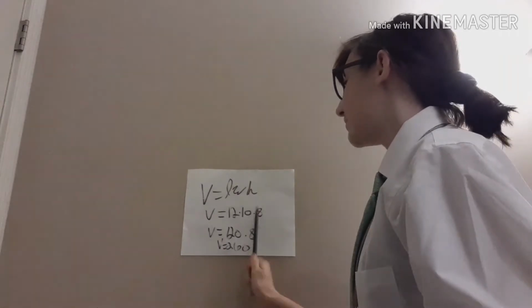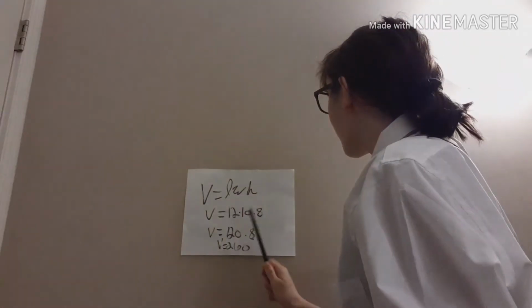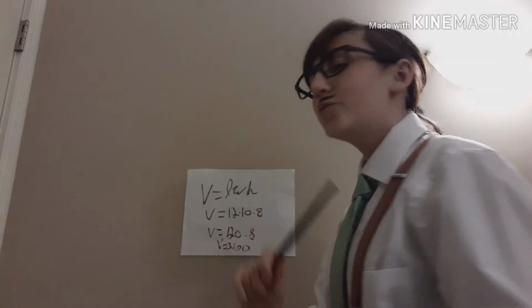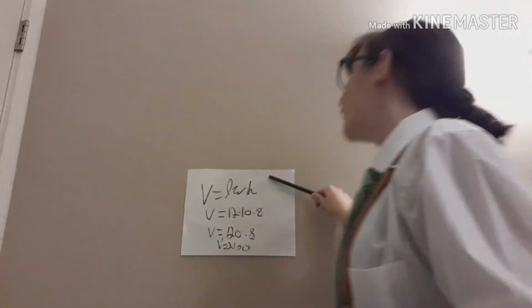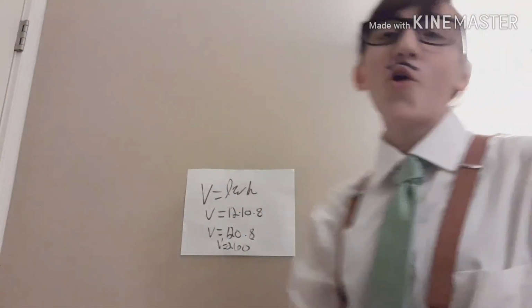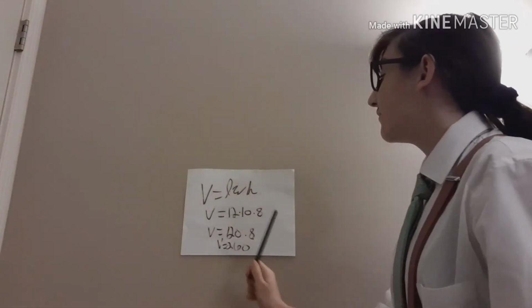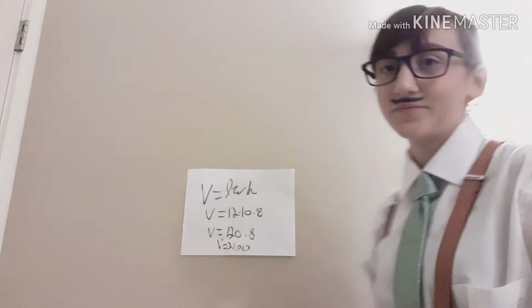So, 12 times 10, 120. 120 times 8, 960. Within those few steps, we have solved and measured what we needed in order to find the volume of this painting, which is very important, and that's why we need these formulas.